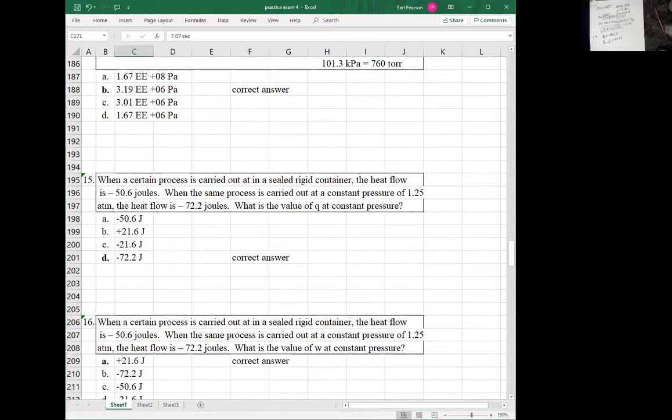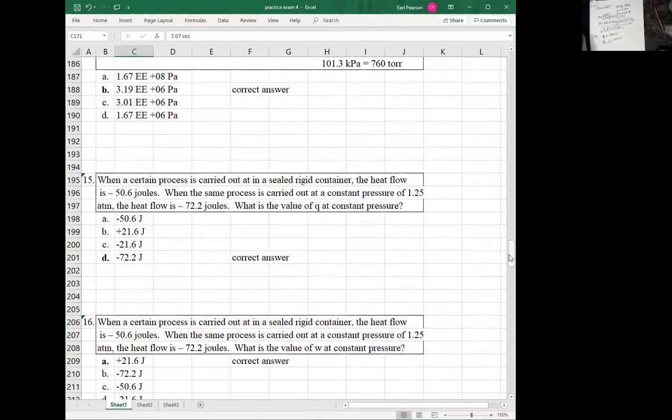The little thing that was added in was the constant pressure of 1.25 atmospheres. It really does not matter what the pressure is. What matters is that the pressure is constant. So number 15, the correct answer is obviously D.